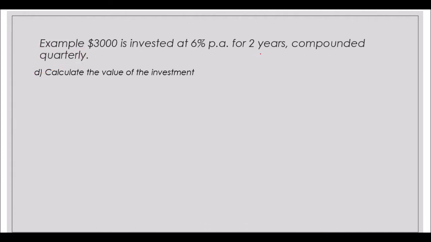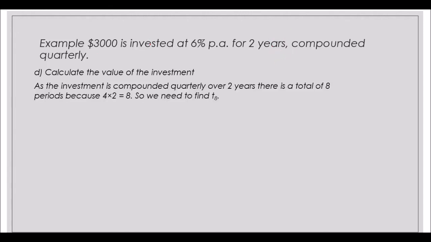So you're not just looking for term number 2. Think about how many terms that will be. Over 2 years, the total is 8 periods. So you're actually looking for term number 8, not term number 2.